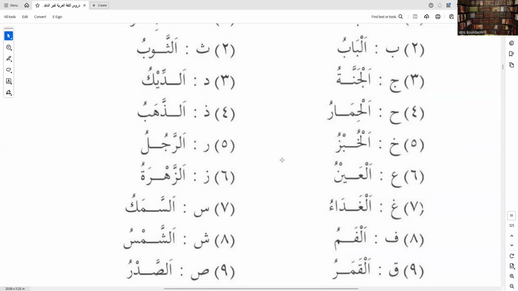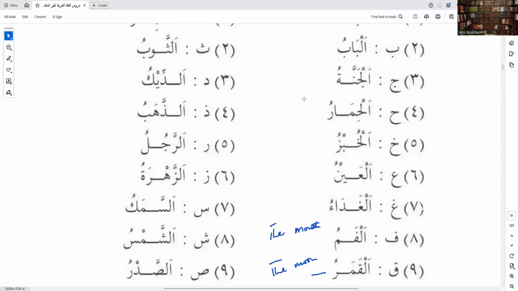Fa, famu, that is an example of it. When we say famu, the mouth, right? Your mouth is famu. And then we have qa, al-qamaru, the moon. So we get the name qamariya from qaf, qamaru, al-qamaru, the moon.